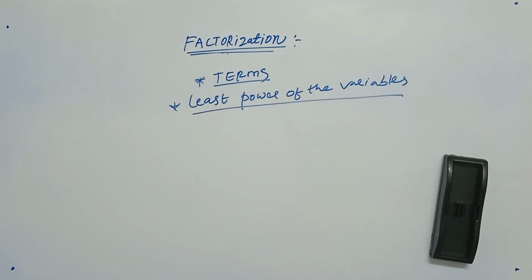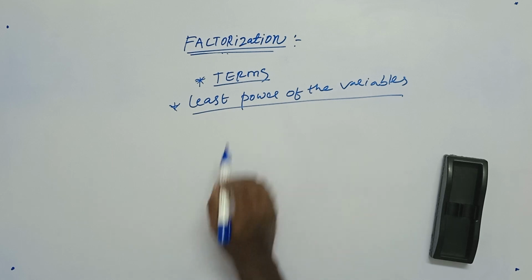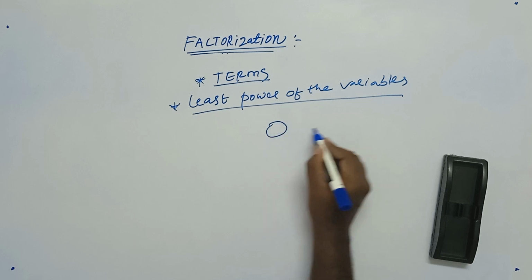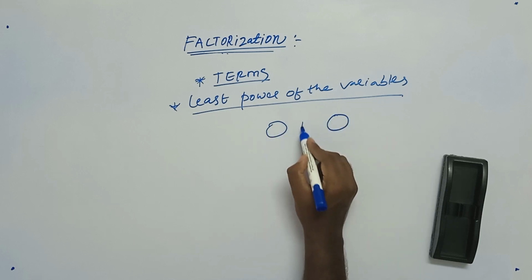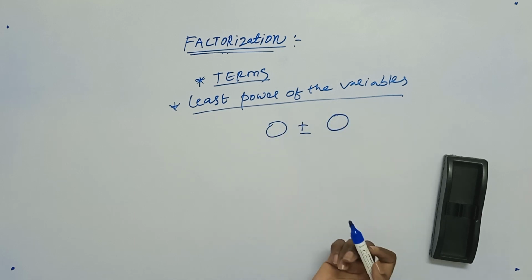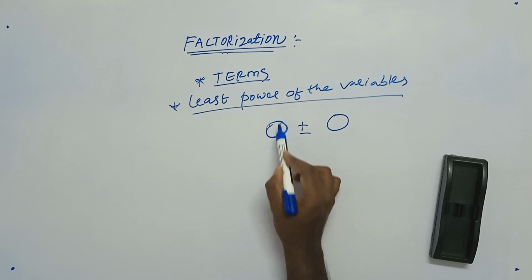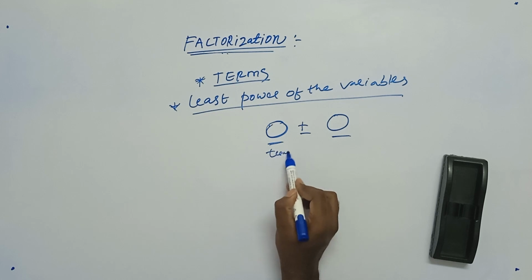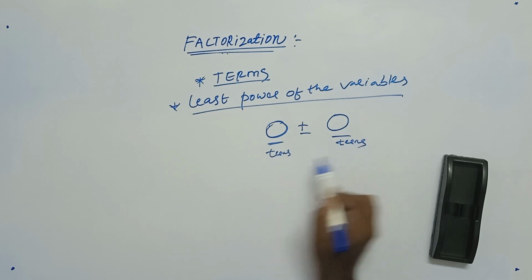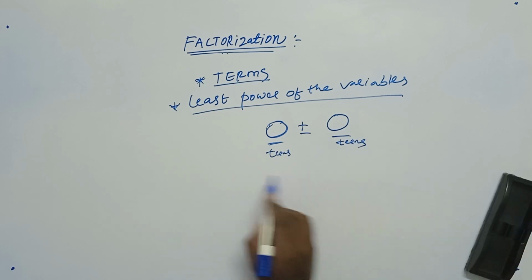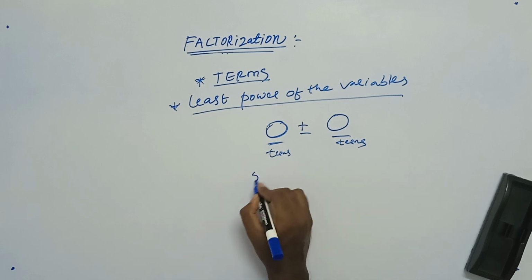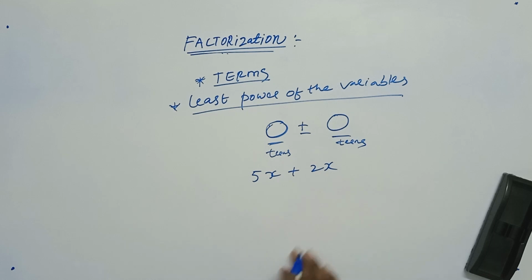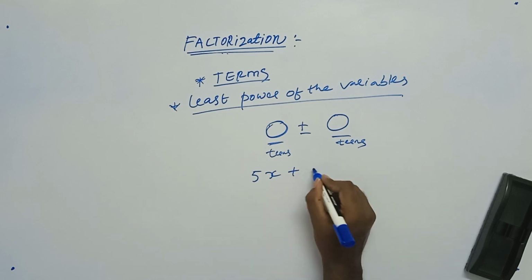What is meant by terms? In the previous class we have already studied terms. That means if the numbers are separated by plus or minus signs, those values are considered as terms. These are all called terms. For example, let's say 5x plus 2y.